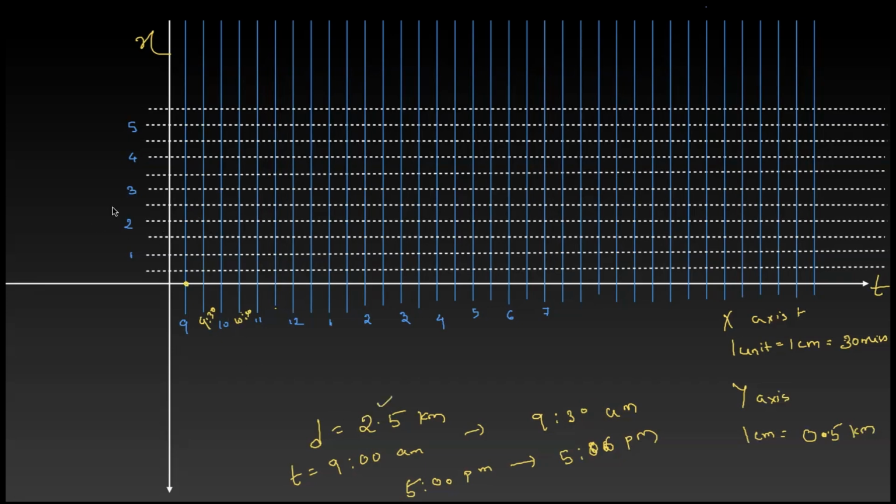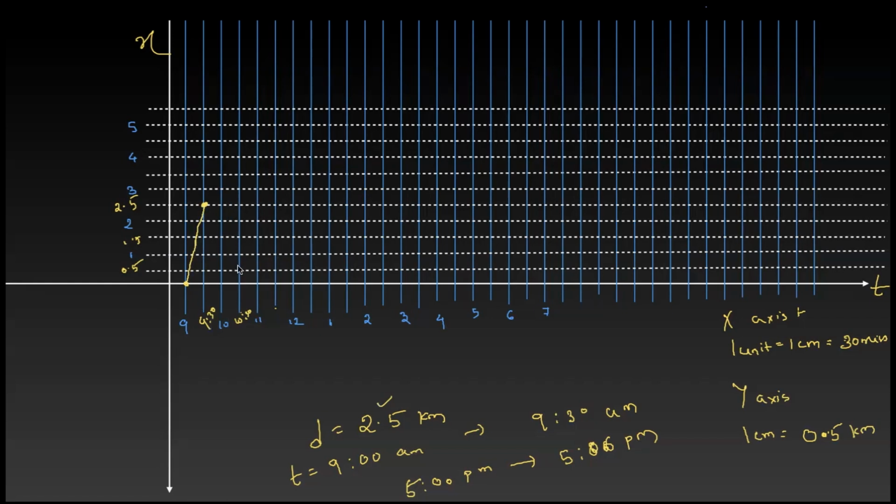So this is 2.5, this is 1.5, this is 0.5. At 9:30 she is at 2.5 kilometers. So it was like this, a straight line.